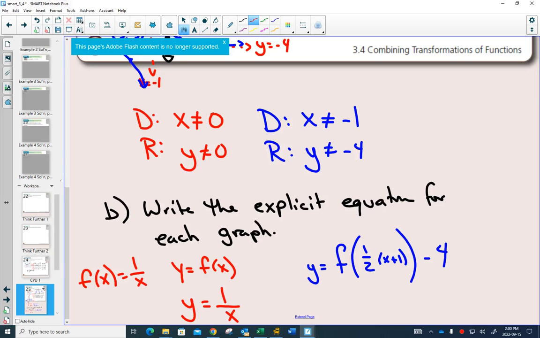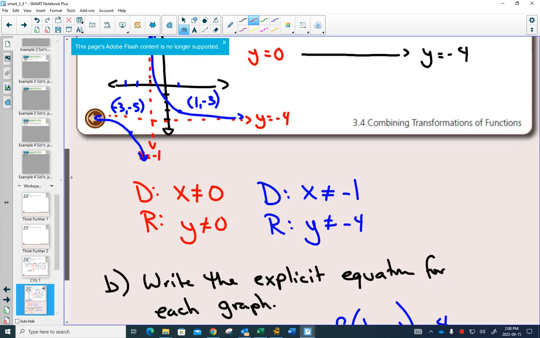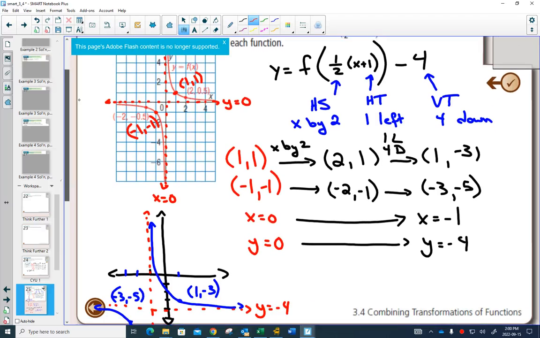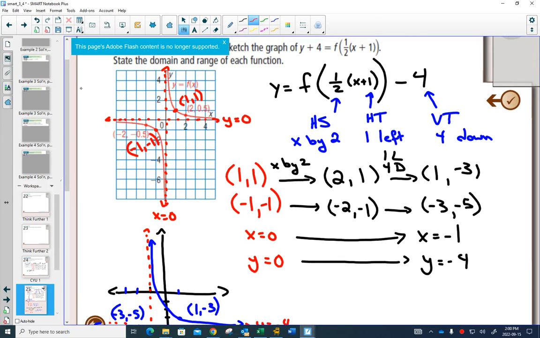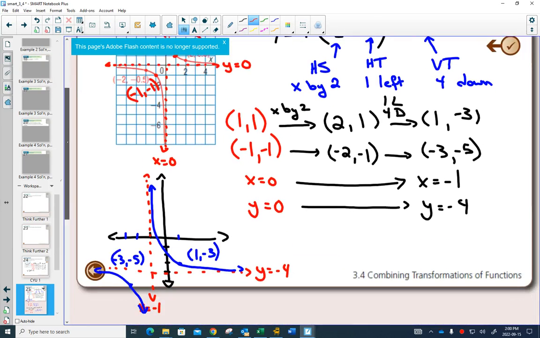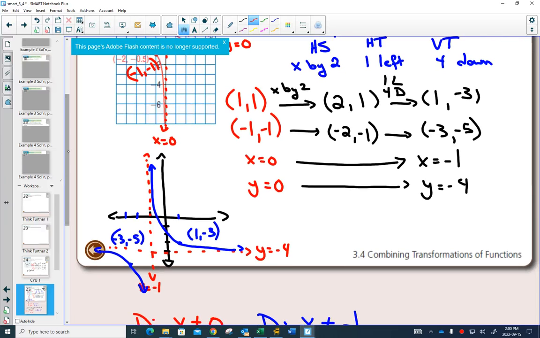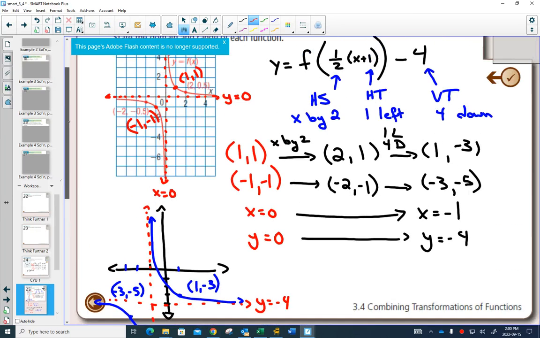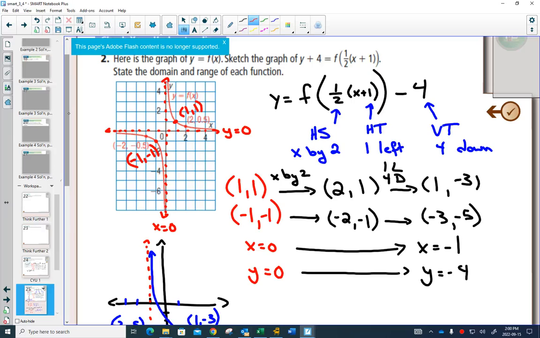Yes? Because of the asymptotes, aren't the points supposed to be like 0, -3 instead of like 1, -3? Yes, if there wasn't a stretch. Okay? So Eliza made a good point here. She's saying, I see how this 1, 1 is 1 away from the corner, and the -1, -1 is 1 away from the corner?